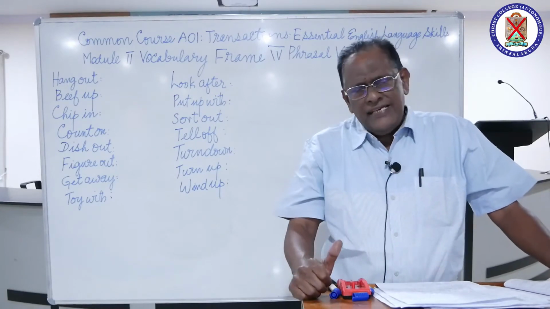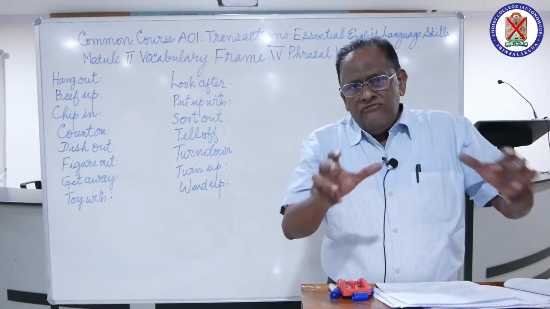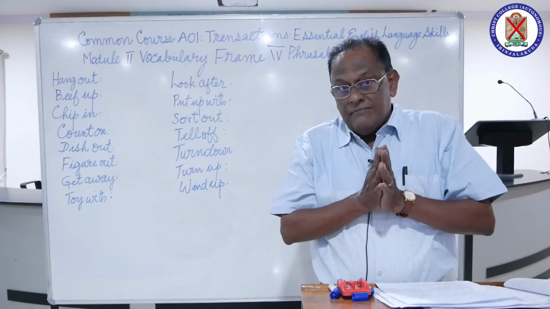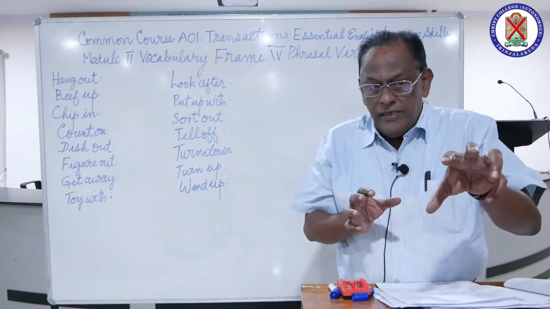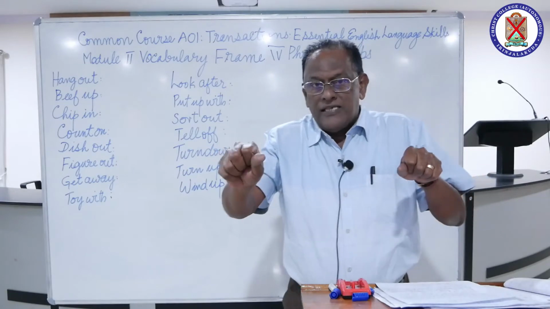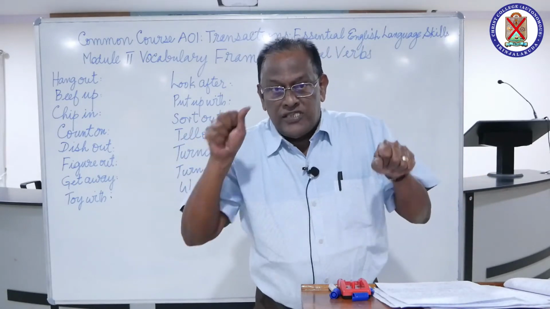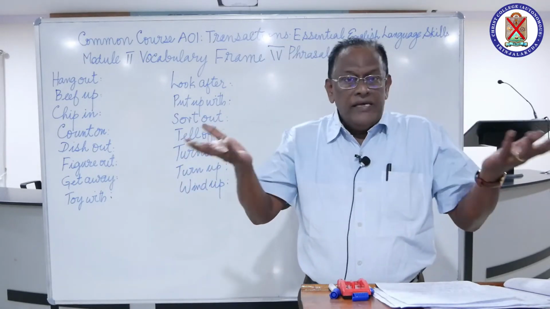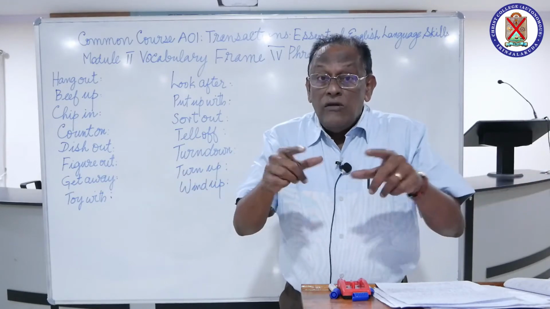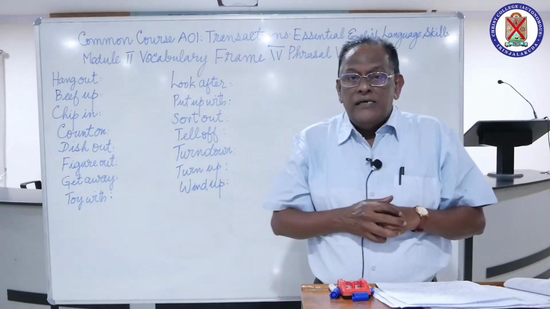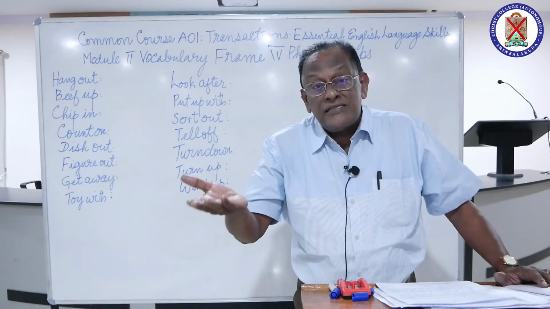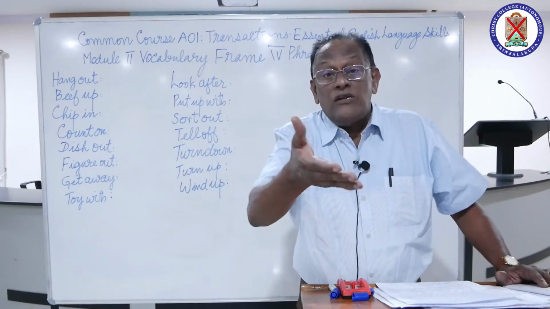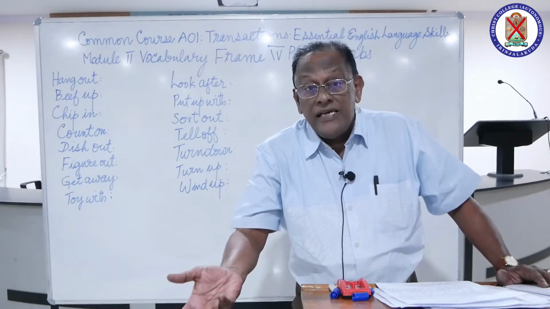Idiomatic in the sense that if we take them individually, that is, the verb individually and the particle, the adverb or the preposition individually, they mean something. But when they combine together, they mean something else. That's why some phrasal verbs are idiomatic in nature.